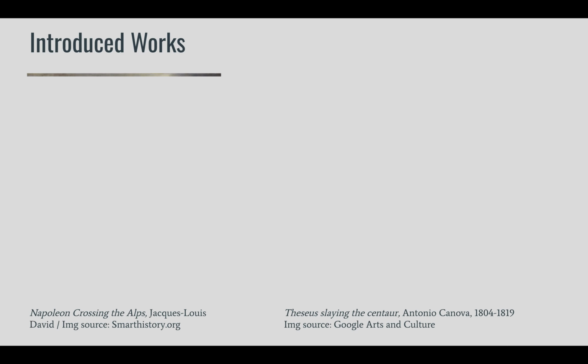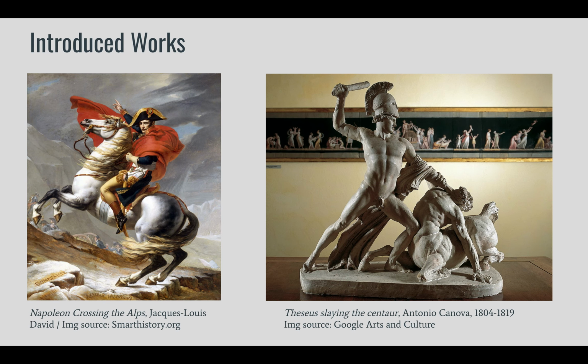So, okay, two works just to set the stage a little bit before my chosen are Napoleon Crossing the Alps. This painting is iconic. To me, it's one of the best propaganda paintings. His leadership on this wild and crazed horse, and he's just this steady, commanding leader.